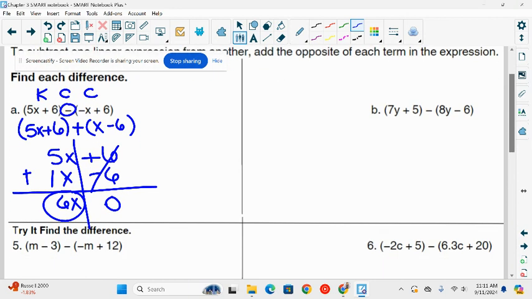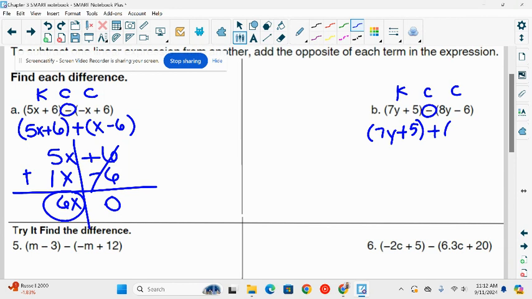Alright, I'm going to pay attention to my sign. It's subtraction. So what do I have to do with subtraction? You change. Keep, change, change. So I'm going to keep the first exactly the way I found it. I'm going to change subtraction to addition.